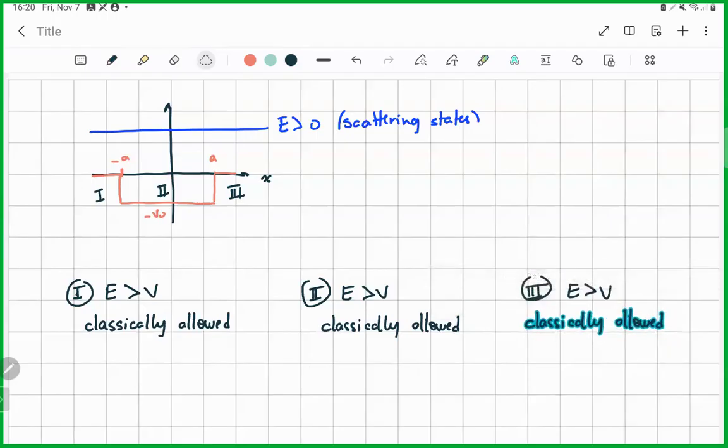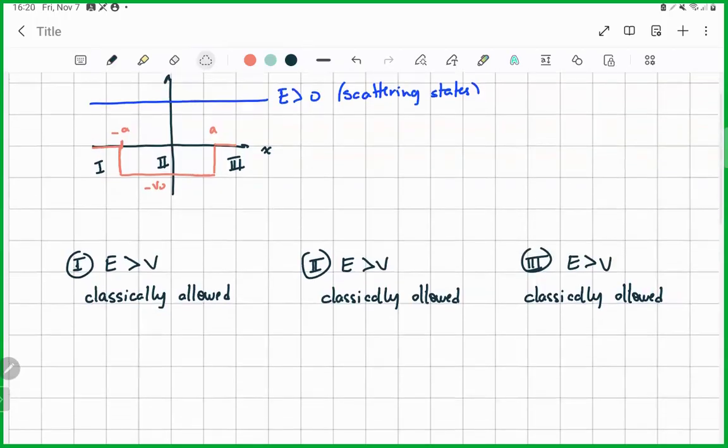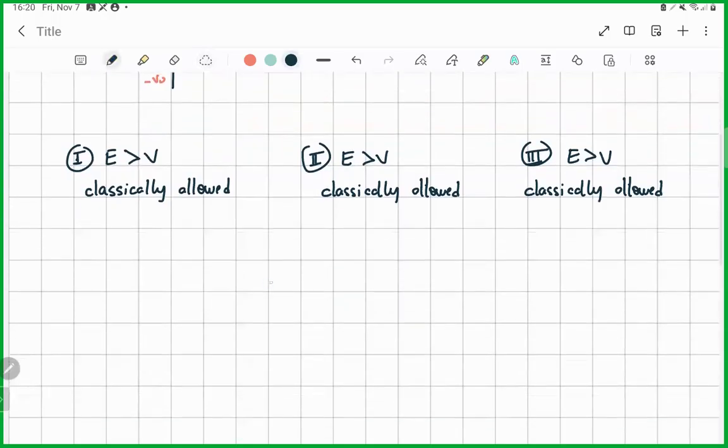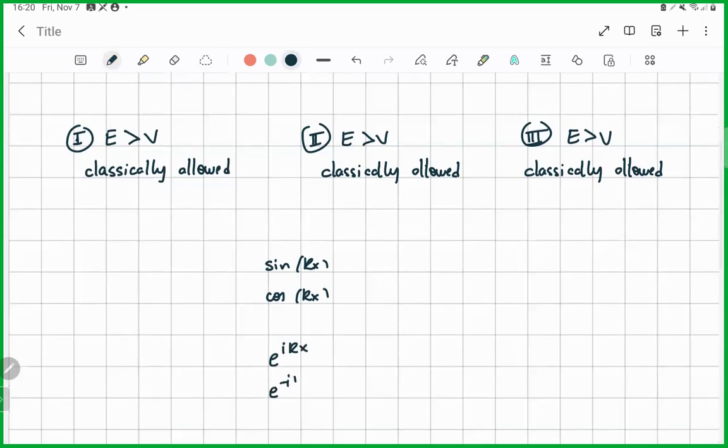All right. So if it is classically allowed, before we go into the math, what do we expect? We expect sinusoidal functions. So let's write what we would expect. We expect sine or cosine, or equivalently exponential of i kx, exponential of minus i kx.